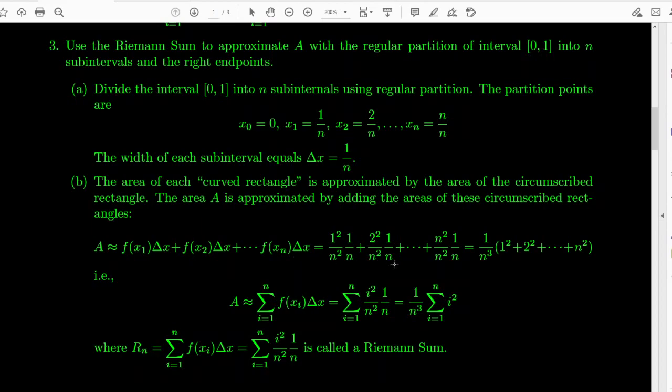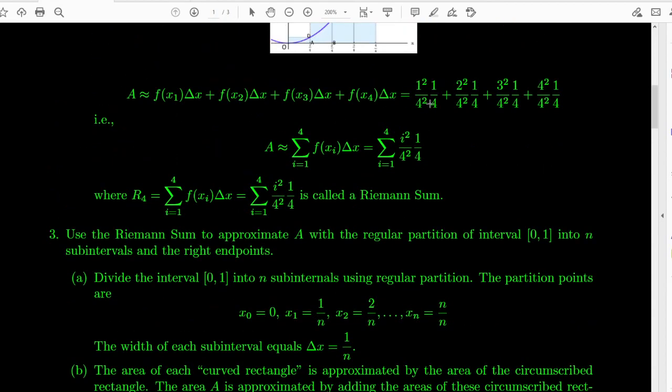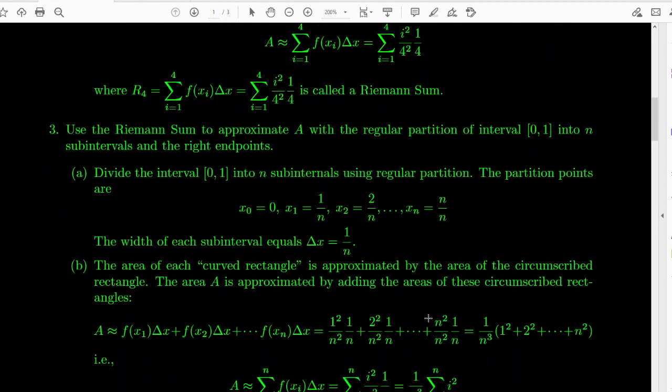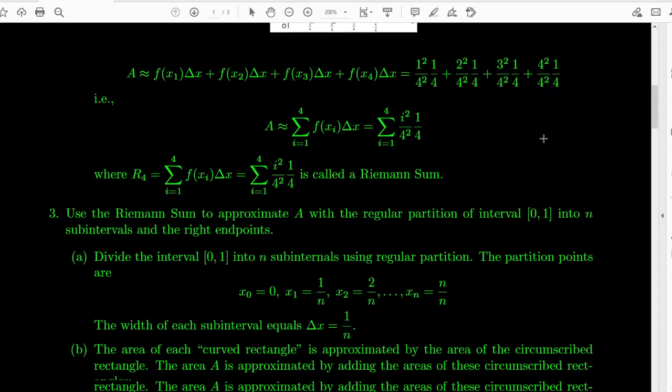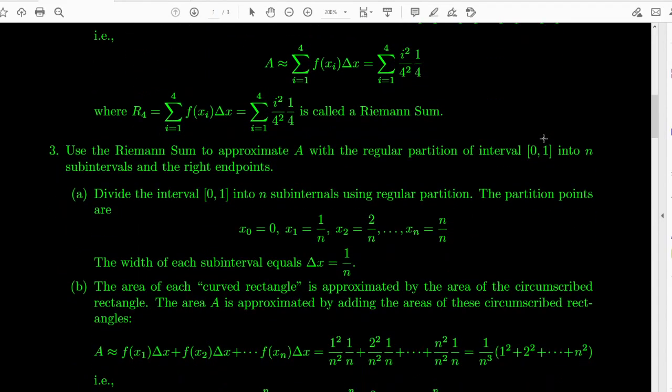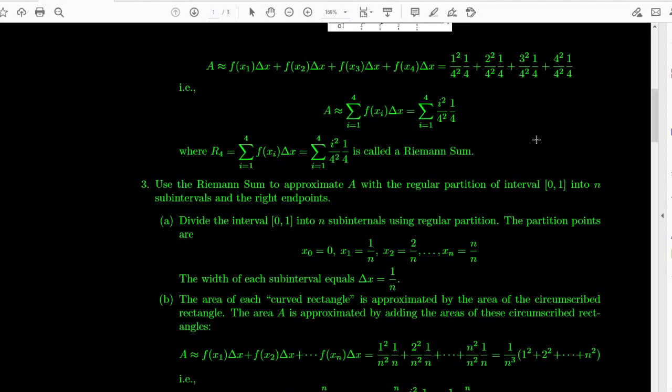I think you can also see the pattern in here. Wherever you see 4, you just replace 4 with n. So do you see the pattern already? I'll try to zoom out a little bit so that you can see the two lines.